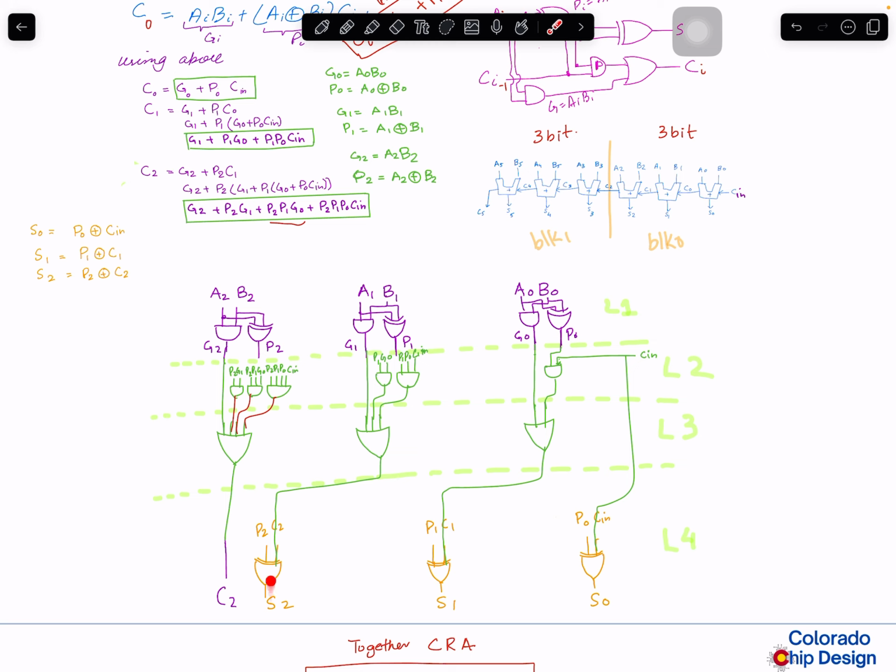Sum is calculated in the same way, like we have P2 comes from here, carry comes from the previous stage. But once these are available, right, this is the longest one. By this time you will have these ones available too. So you got the benefit, right? The benefit is instead of a chain, you create some sort of parallel, so your number of stages is at least reduced.